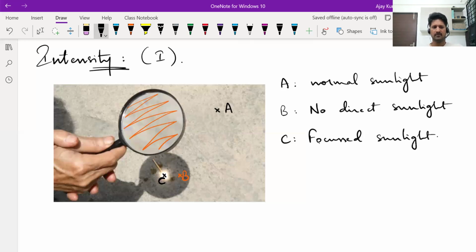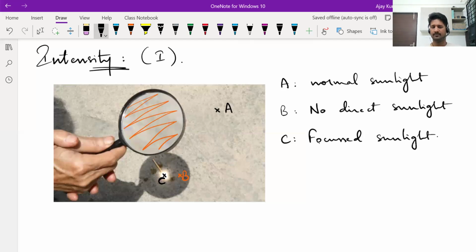No, sir. It won't. However long you leave it in the sunlight, you won't see it burning. But the same sheet of paper, if you use a magnifying glass and focus sunlight onto one point, at that point the sheet of paper starts burning.